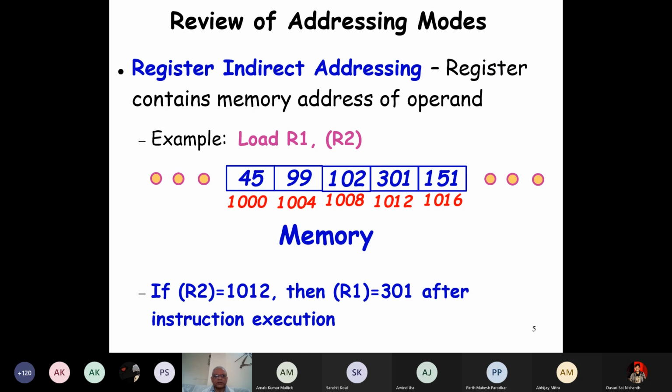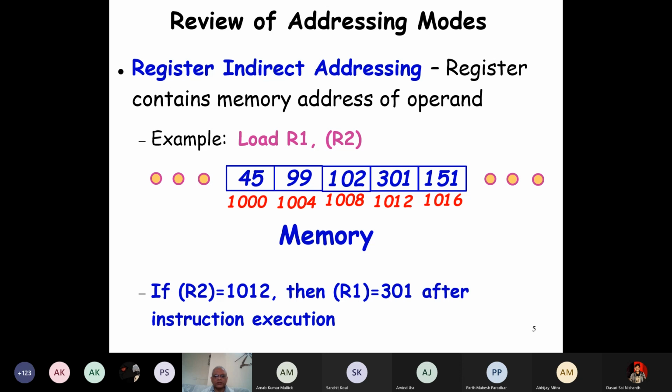Now let's look at the register indirect addressing. In the register indirect addressing, the address of the memory where the operand is present is in the register R2. The R2 register contains the memory address where the operand is present. So there is an indirection here.